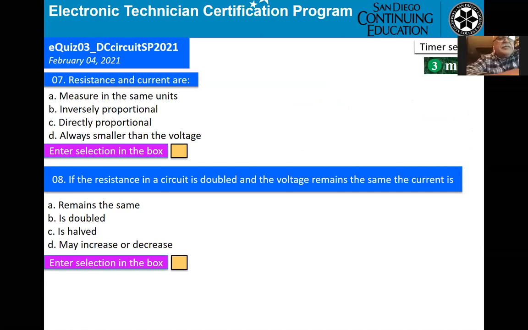B. C. Yep, it's B. If the voltage is constant and the resistance goes up, then the current goes down.